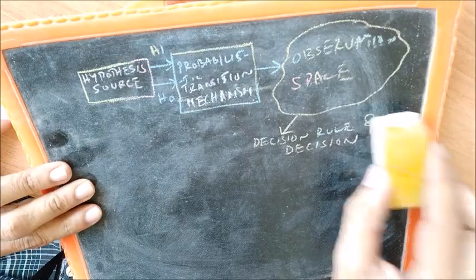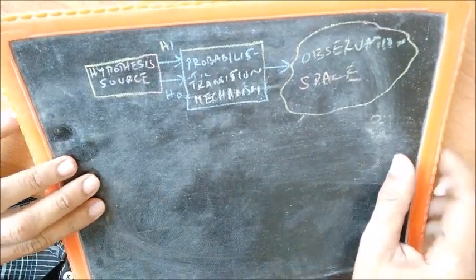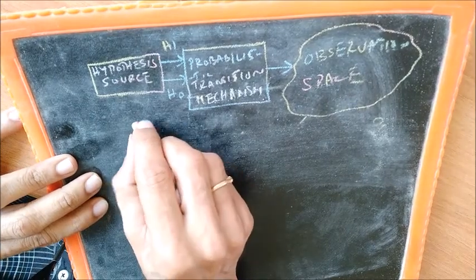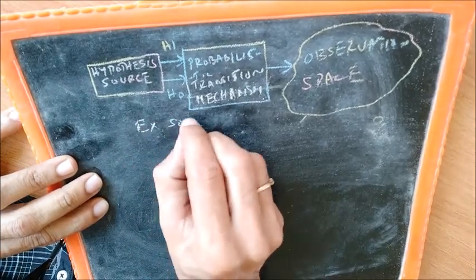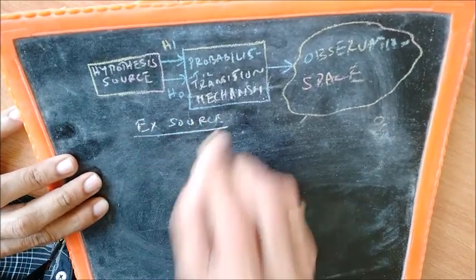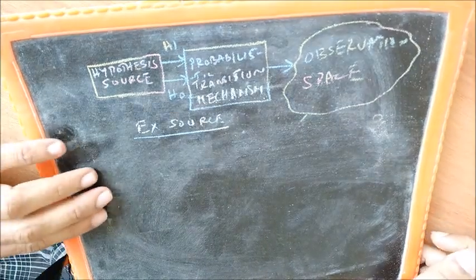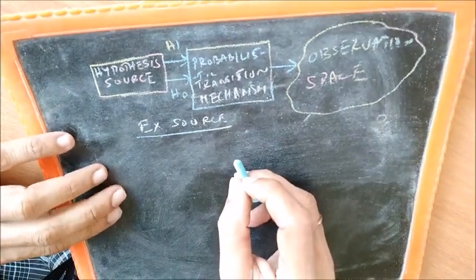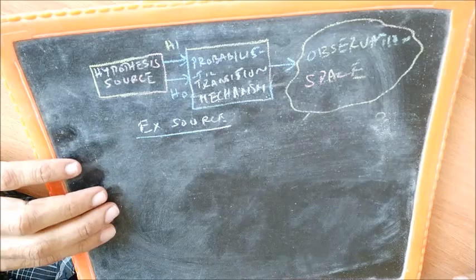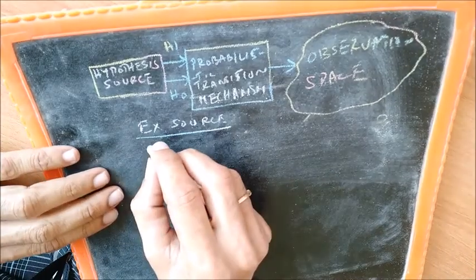Now, what is a hypothesis source? It's easiest to understand in this block diagram.